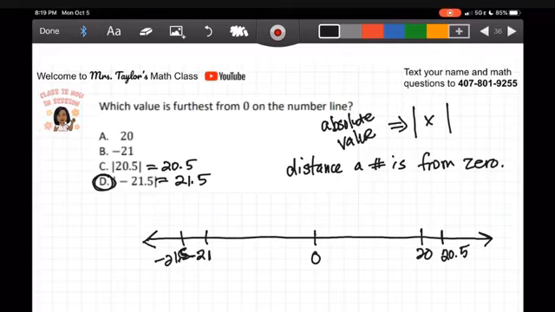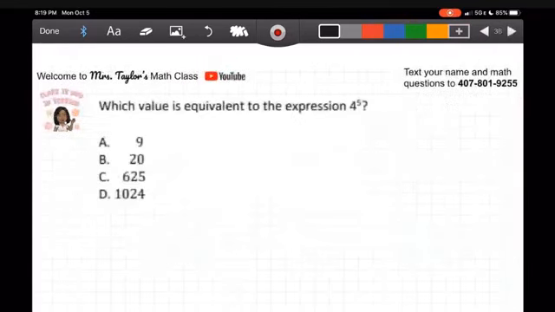All right, let's do another problem. So we have here, which value is equivalent to the expression 4 to the 5th power? So 4 to the 5th power, notice how they got all these answers. They got 9, they have 20, they have 625, and they have 1024.